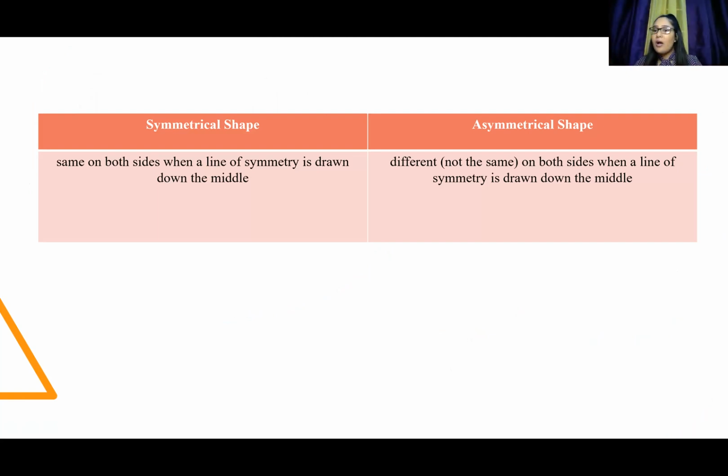However, the difference between the two is that a symmetrical shape is the same on both sides when the line of symmetry is drawn down the middle, but an asymmetrical shape is different on both sides when the line of symmetry is drawn down the middle. One of them, the symmetrical shape, is the same on both sides. The other one, the asymmetrical shape, is different on both sides, right? You're understanding everything so far?